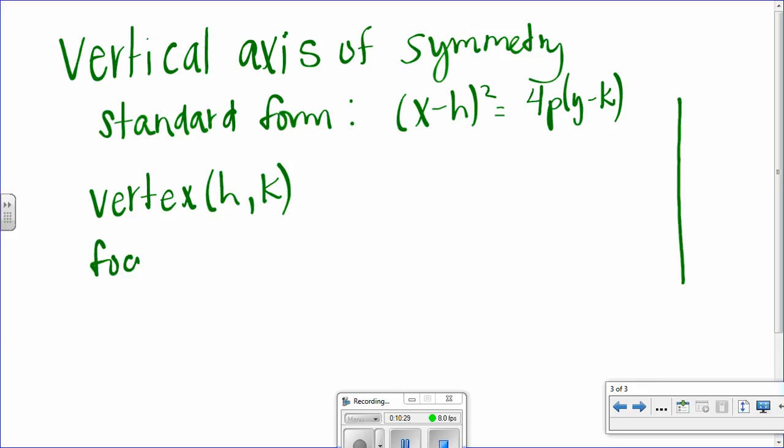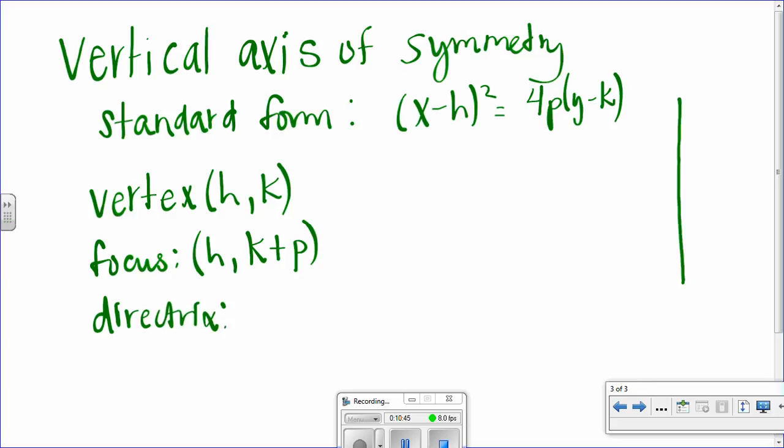You have a focus at (h, k plus p), and your directrix, that says directrix, can't really read. Your directrix is at y equals k minus p. If p is less than 0, the parabola opens down.